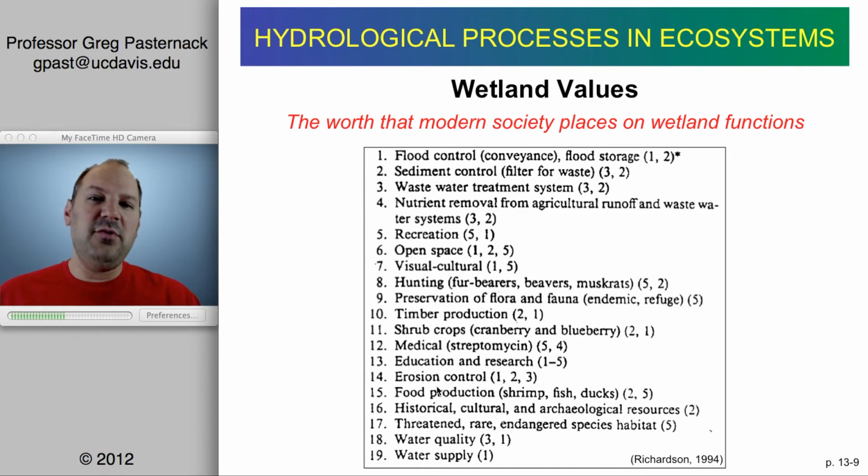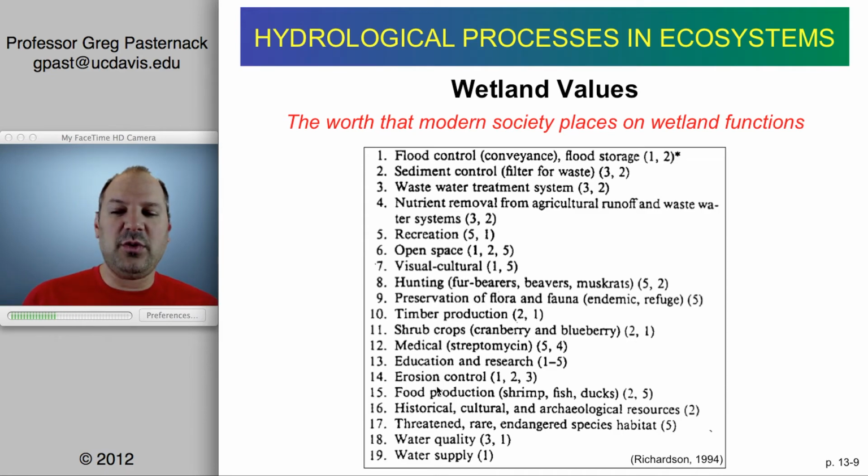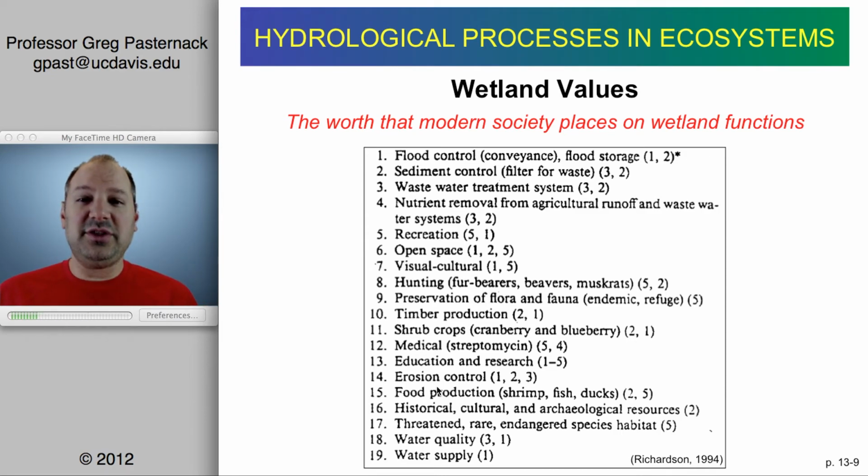For example, if you build a constructed wetland, how much wastewater can you treat as opposed to building a wastewater treatment plant? So you go from natural wetland, constructed wetland, and wastewater treatment plant, and you can pretty much get a dollar value for the potential cleaning that a wetland can actually do.